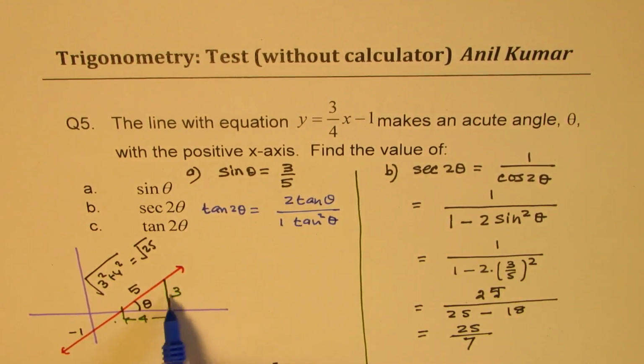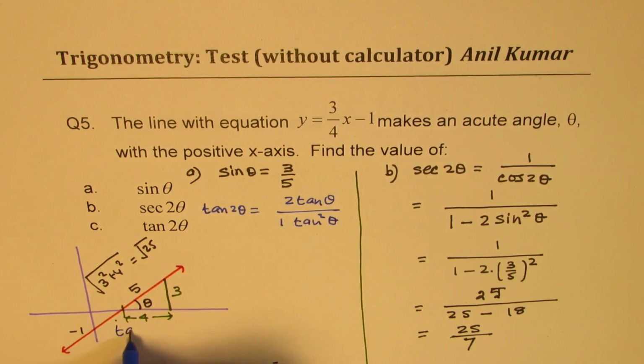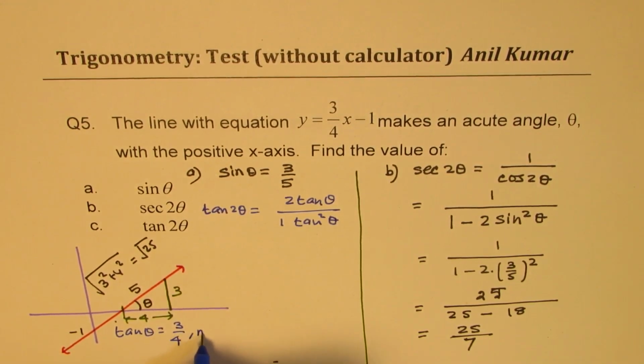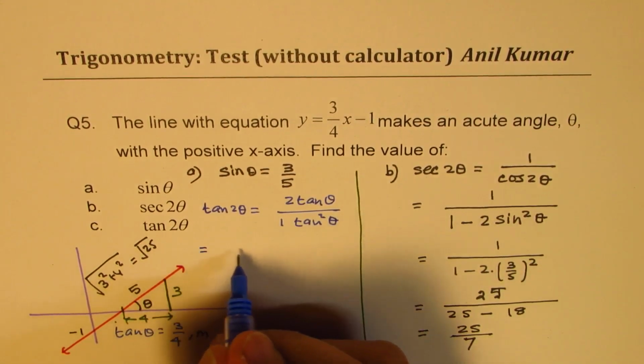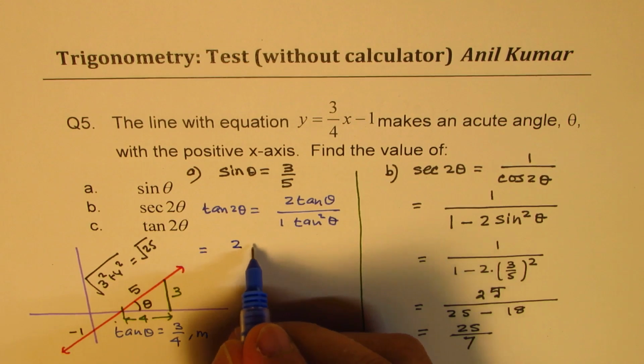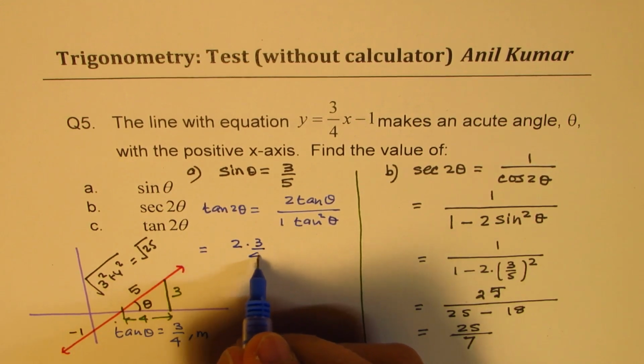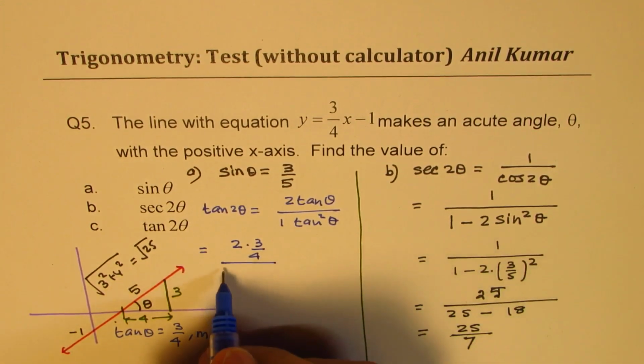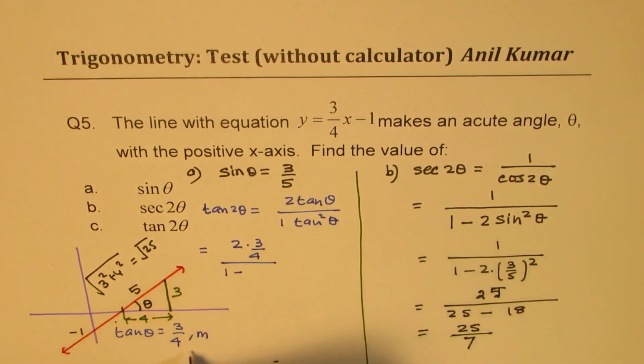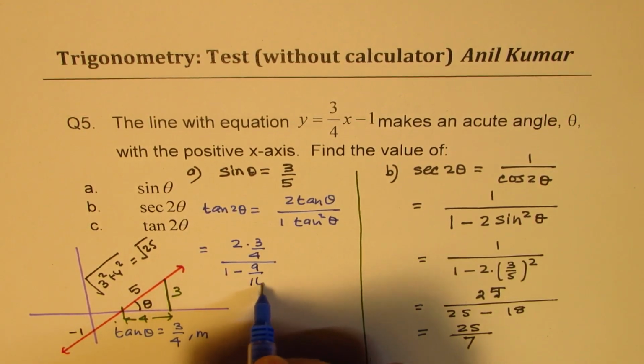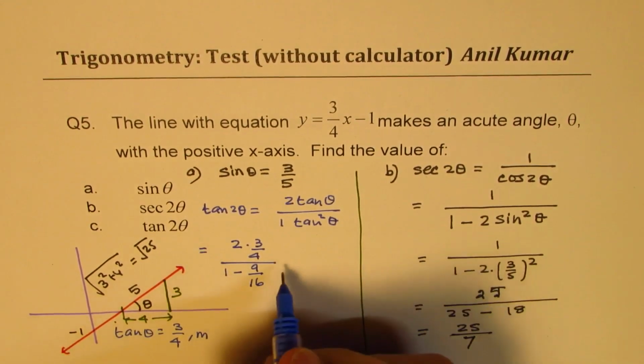So from here, you know the value of tan theta. Tan theta is 3 over 4. This is the slope m, do you see that? So let's substitute this value here. So we get twice 3 over 4 over 1 minus the square of this. So I'm writing 9 over 16. Is it okay?